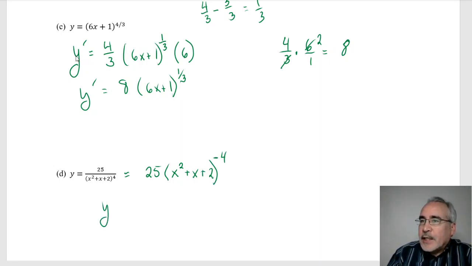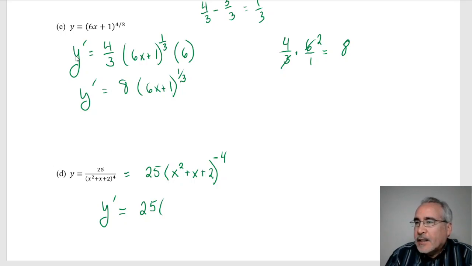So when we go to take the derivative of y, the negative 4 comes down and multiplies times 25. 4 times 25 is 100. I'll go ahead and write it out, just because if you're looking at the written version, it's there. So that's that exponent coming down and multiplying.